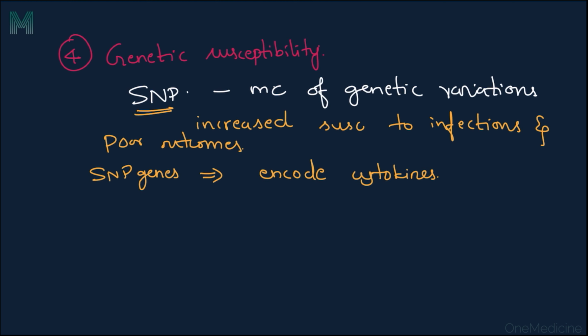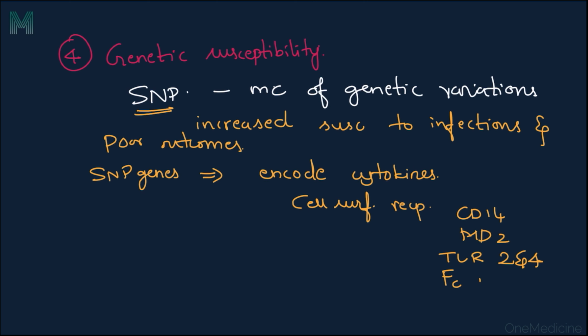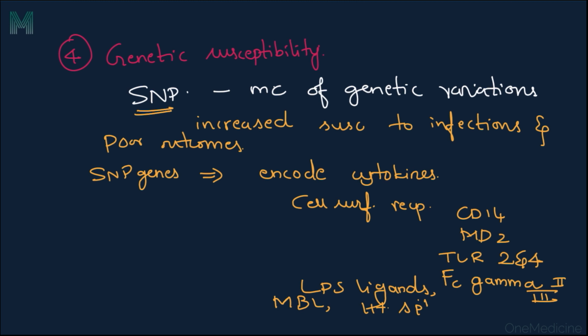Then there are cell surface receptors such as CD14, MD2, toll-like receptors 2 and 4, Fc fragment of gamma receptors 2 and 3, lipopolysaccharide ligands, mannose binding lectin, heat shock protein 70, angiotensin converting enzyme, and caspase 12.